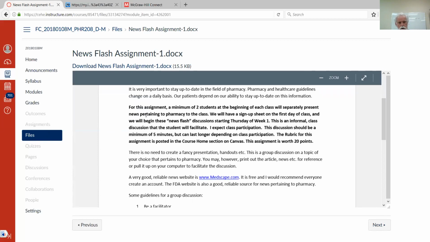But what it says here, because this is actually designed for a much larger class, is that a minimum of 2 students at the beginning of each class will separately present news, and we'll have a sign-up sheet. There's only 3 of you in this class, so there's no reason for us to push this until the 3rd week of class. So what I would like to do is have you guys commit to a date to make your presentation.